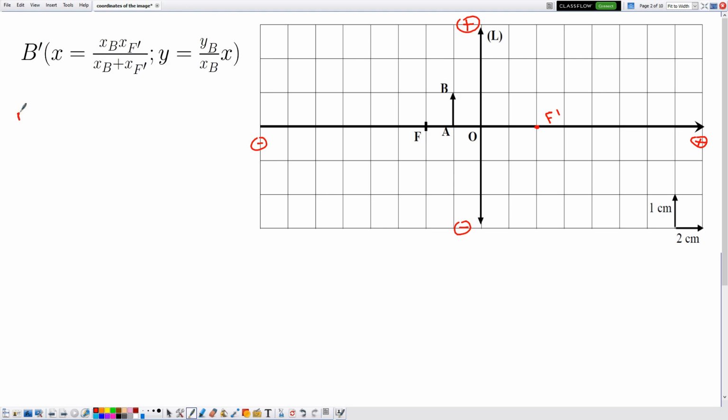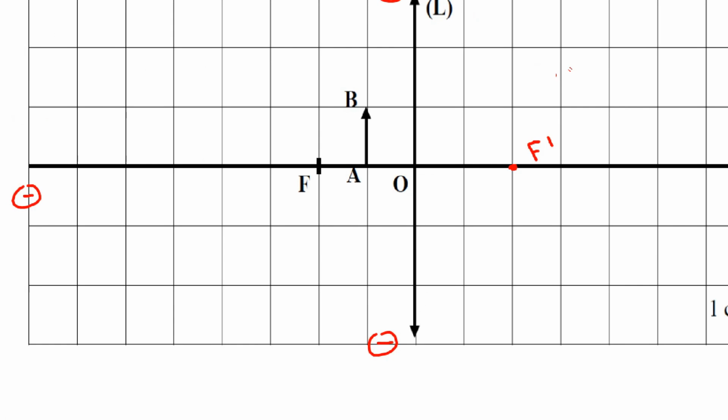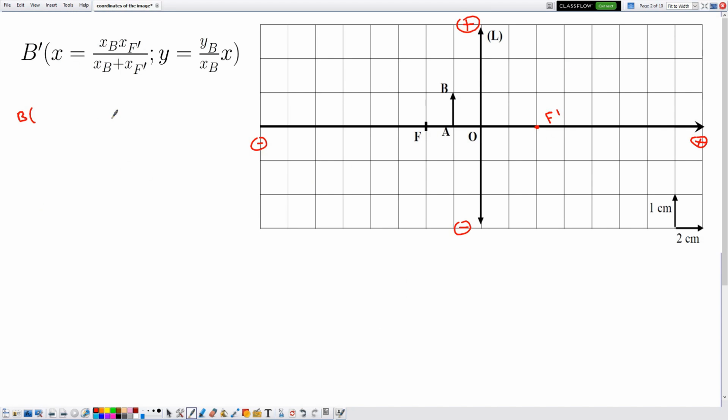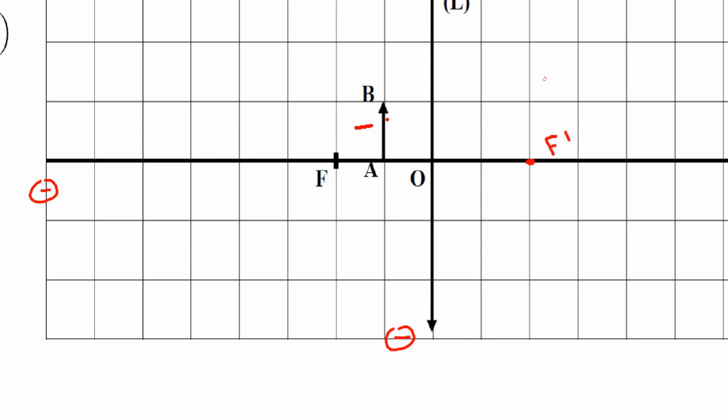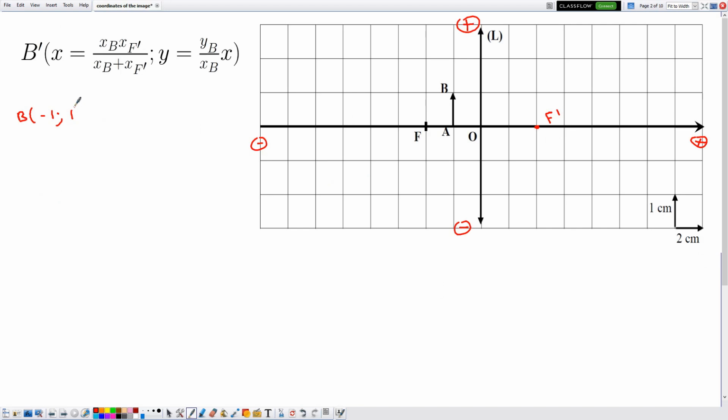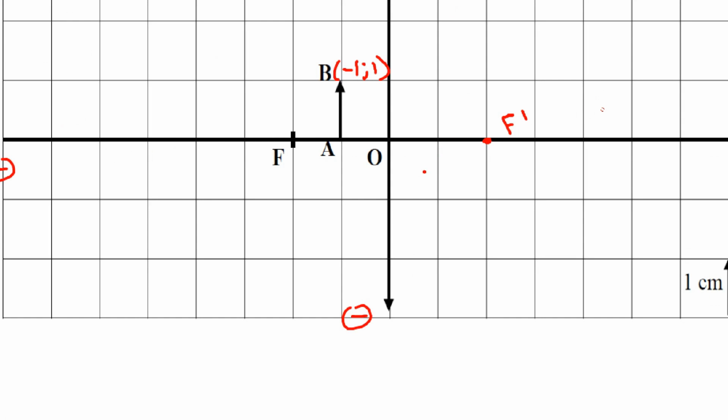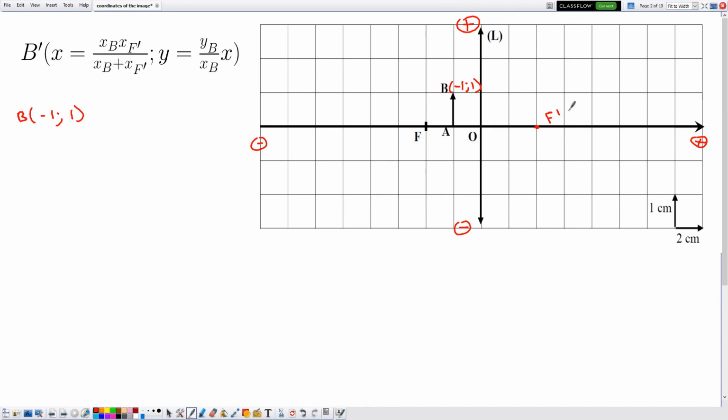So now the point B has the coordinates of 1 division in the negative direction and 1 division for the ordinate in the positive direction. So B is given by minus 1, 1. And the point F prime is 2 divisions on the x-axis, so it's given by 2, 0. So the value of the ordinate is 0 because it's located on the x-axis.